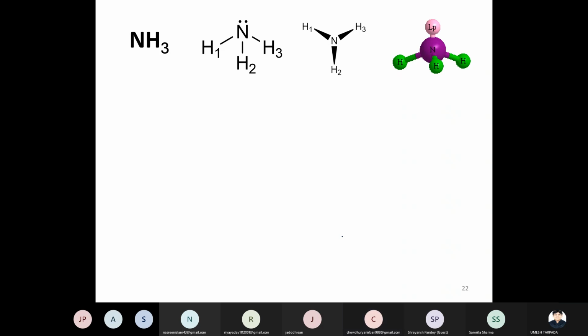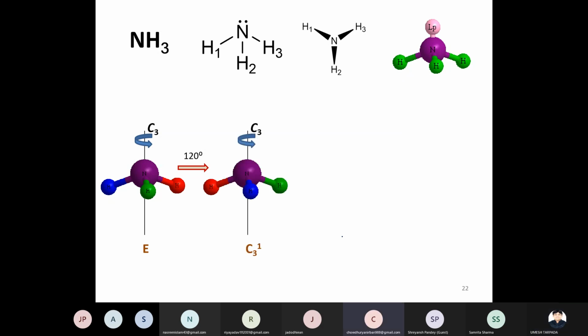No. No, because both hydrogens are below the plane, and they go above the plane. So the C2 axis is absent. So this molecule has only which axis? C3. C3, good. What happens if you give a rotation at 120?